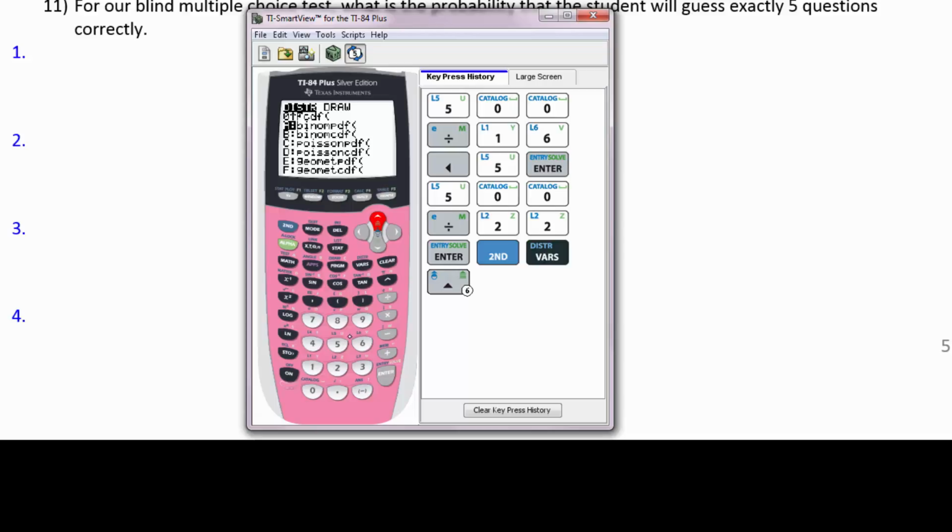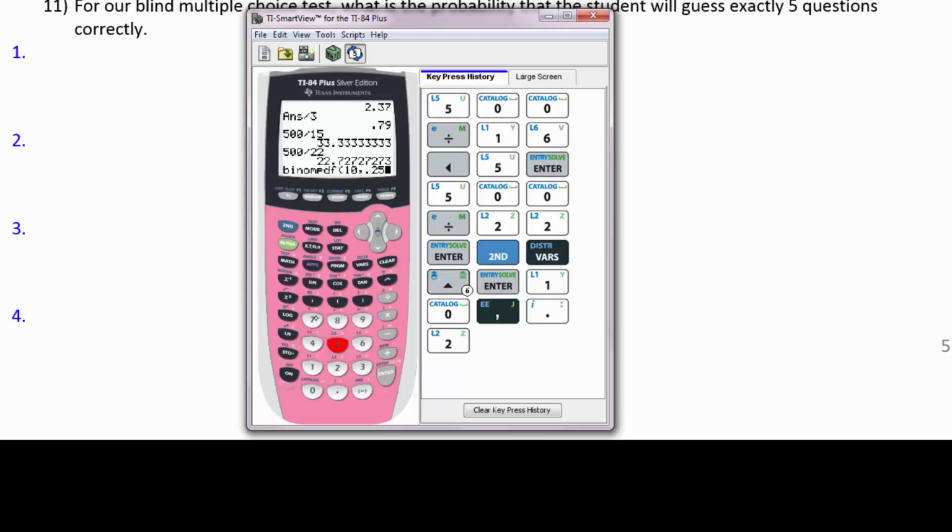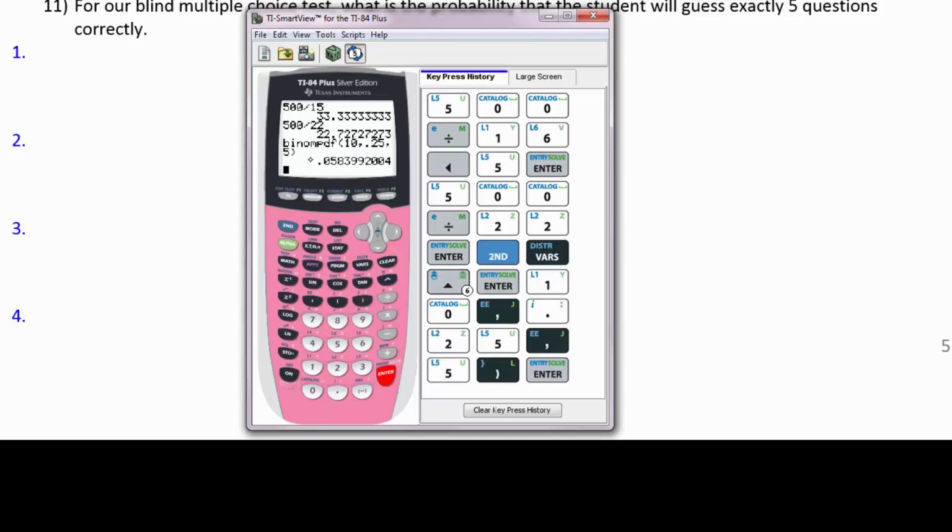But I just want to know exactly at 5, so I have to tell it 10, comma, my p, which is 0.25, and how many successes do I want? I want 5 successes.